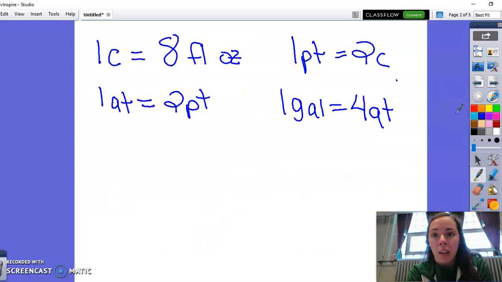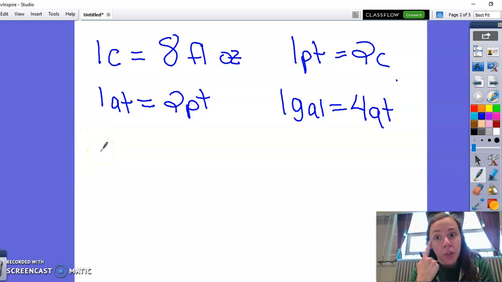If I look at these right here, I notice that there is not a single conversion between cups and quarts. I can go between cups and pints, and I can go between pints and quarts, but nothing matches between cups and quarts. So that means this is going to be a 2-step problem.